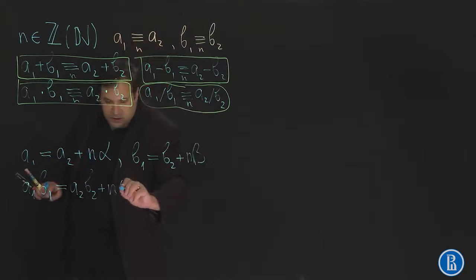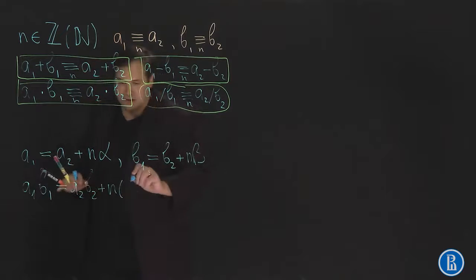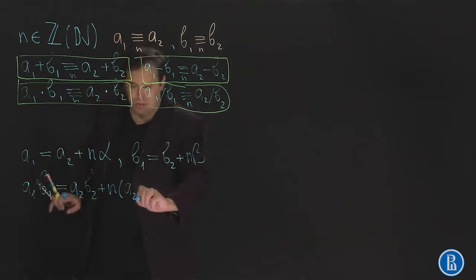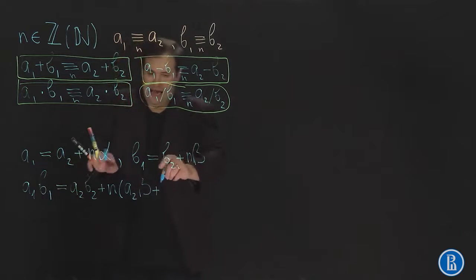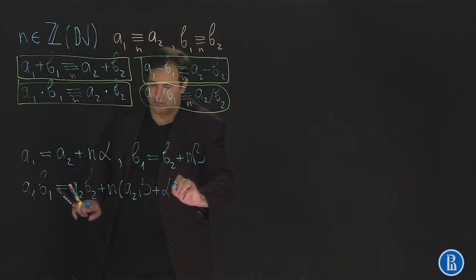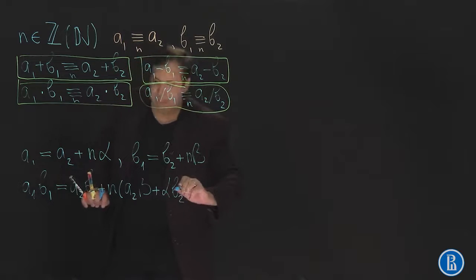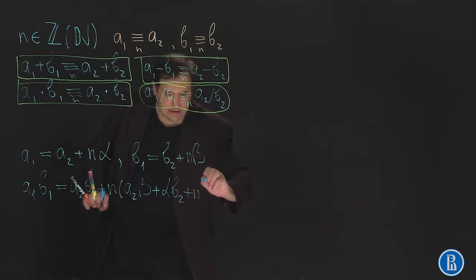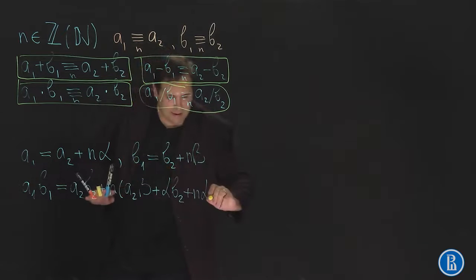And all of them can be written as n multiplied by a bracket, in which we have a2 multiplied by beta plus alpha multiplied by b2 plus n multiplied by alpha and beta.